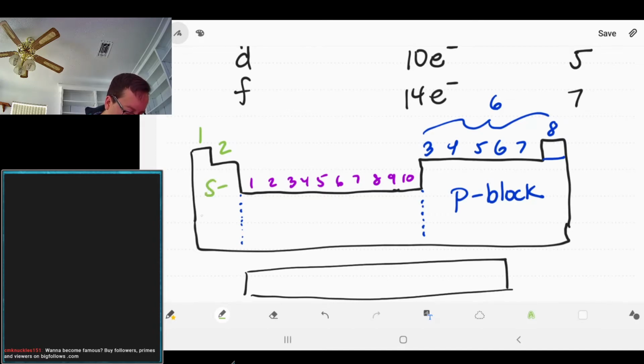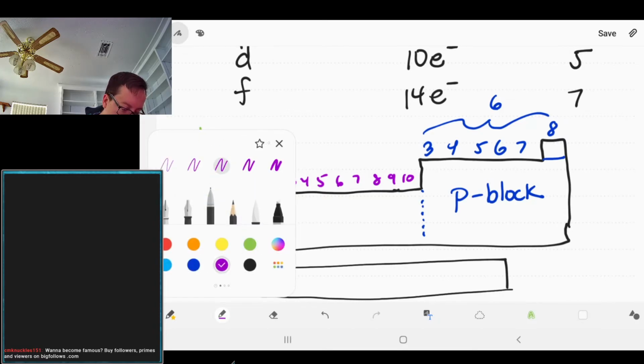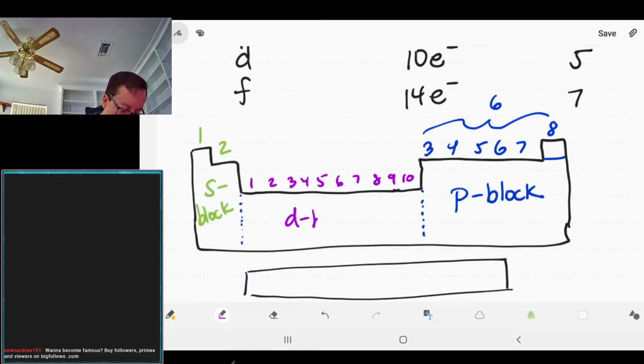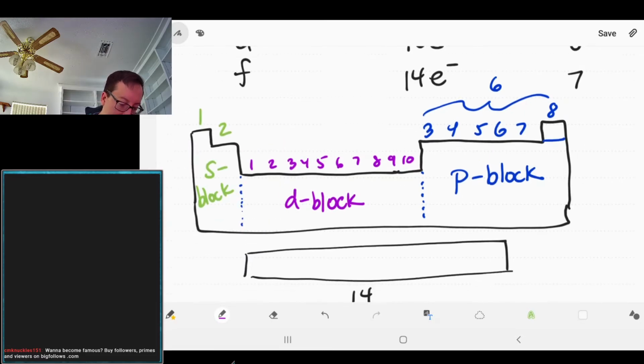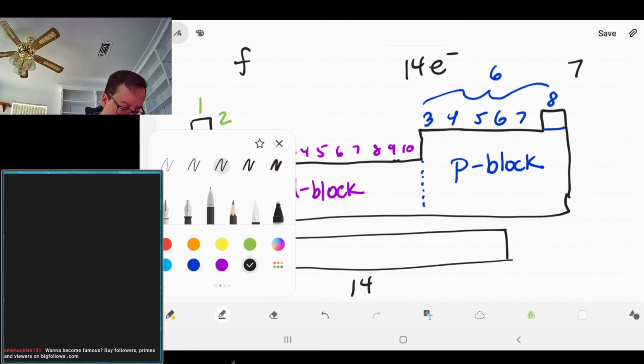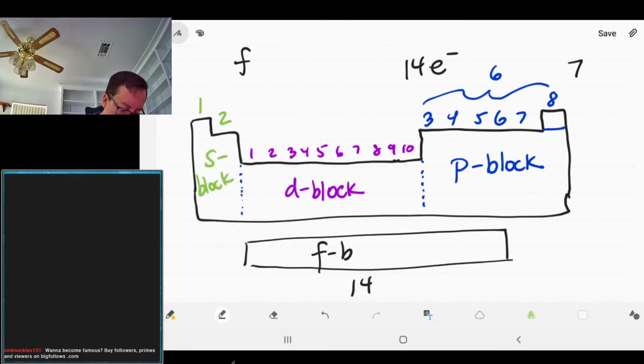Here we have the s block. Here we have the d block. And then finally down there, I used black, that is our f block. And we're going to see these blocks correspond with the highest energy orbitals that something is going to occupy.